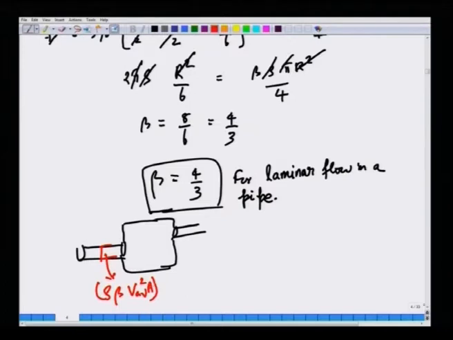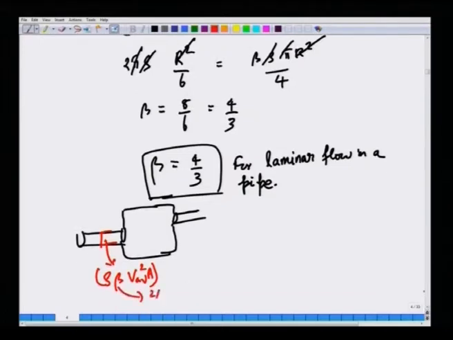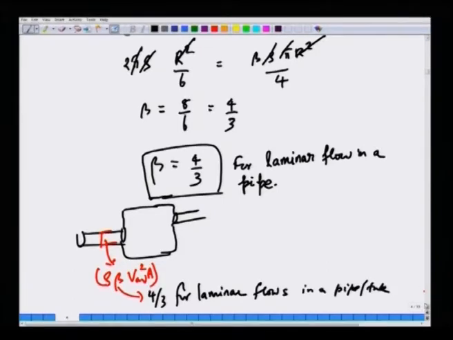You can simply replace it by this, where beta is 4 by 3 for laminar flow in a pipe. So, that is the simplicity that the momentum correction factor gives us for a pipe or tube, because otherwise you have to evaluate the integral each and every time you do the problem.